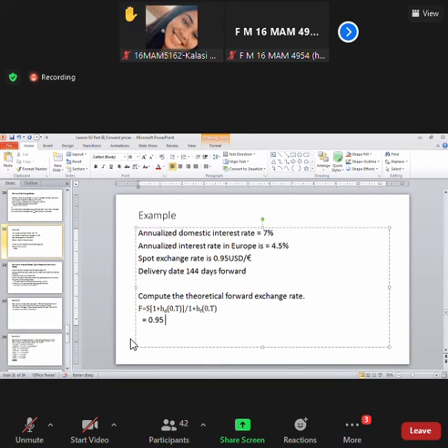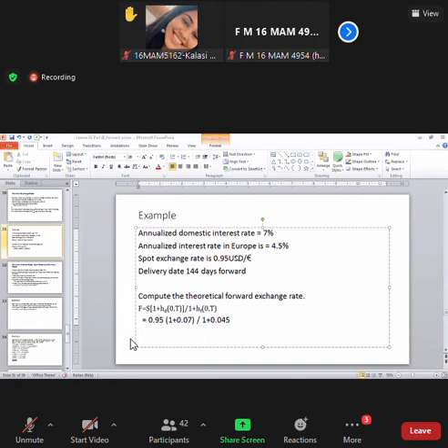Yes, this is multiplied by 1 plus the interest rate of the domestic country, 0.07, divided by 1 plus the interest rate of the foreign country, 0.045. There is a special thing that you need to consider: the number of days.